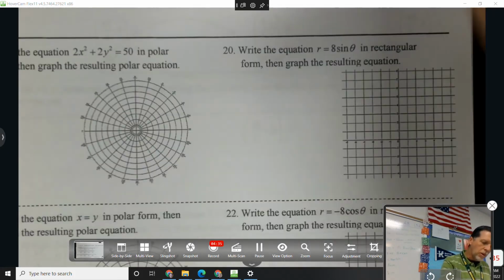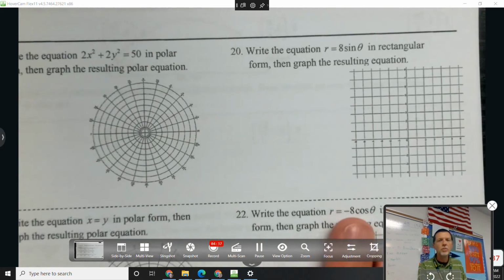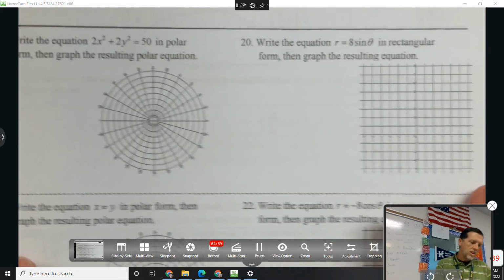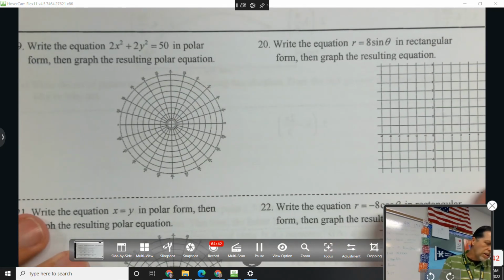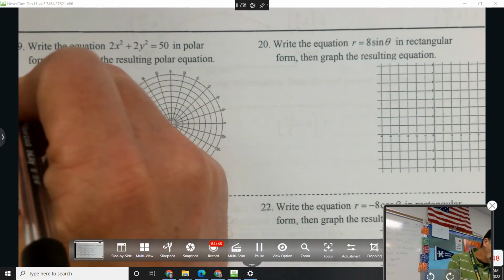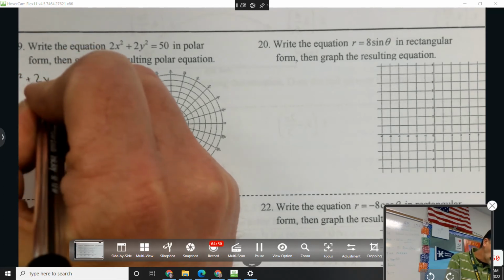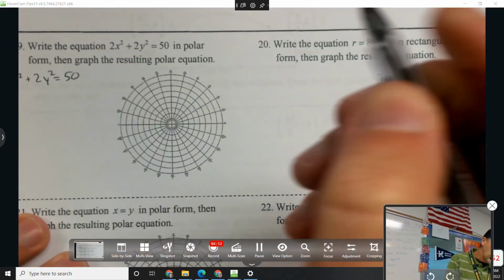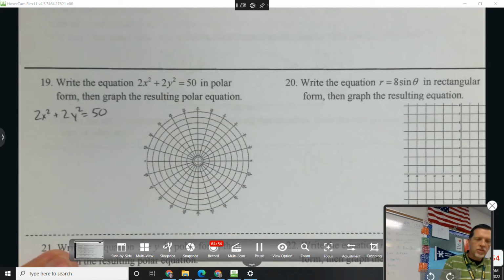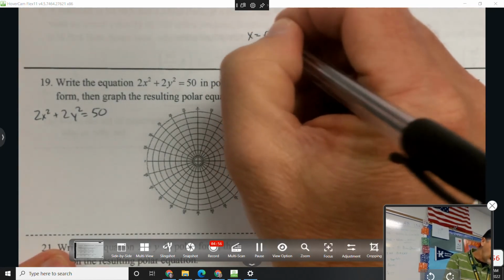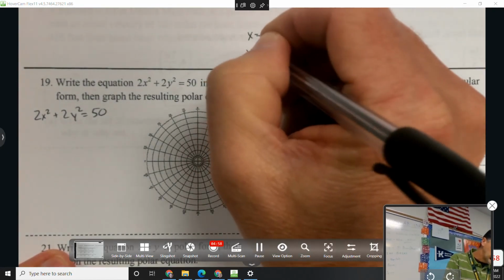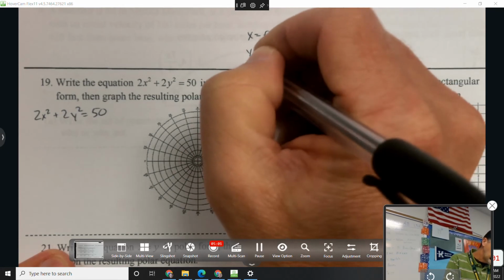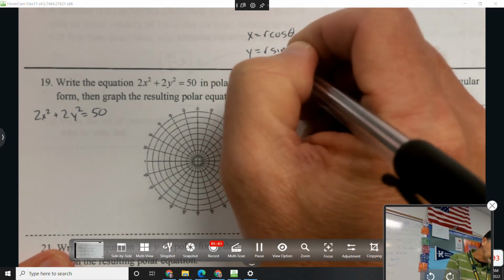Let's do some of the equations down here because sometimes those get a little bit crazy. Number 19, 2x squared plus 2y squared equals 50. I need to remember those: x equals r cosine theta, y equals r sine theta, and x squared plus y squared equals r squared.